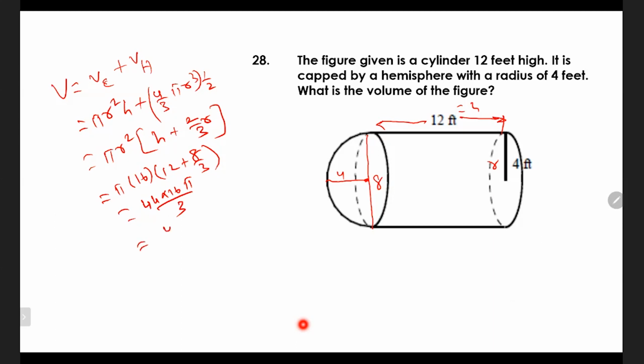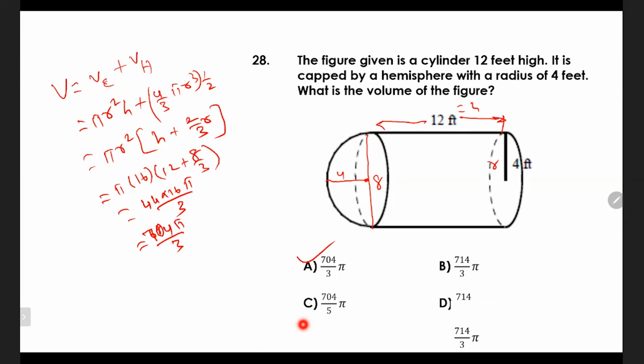So 16 4 64, plus 4 is 68 pi by 3 cubic units. Oh, sorry, this is 70. So option A.